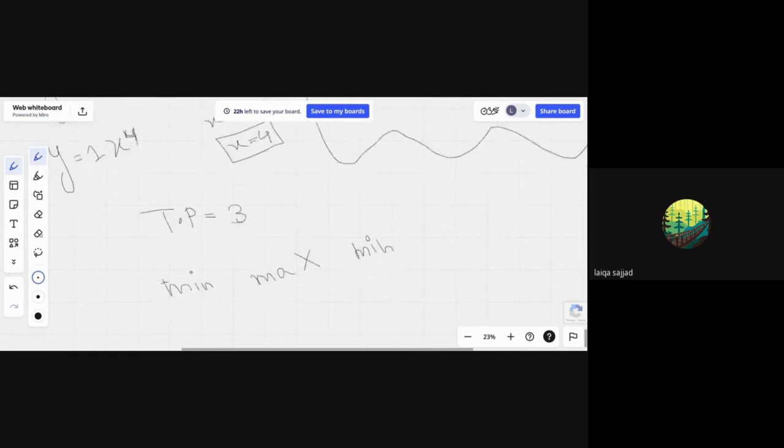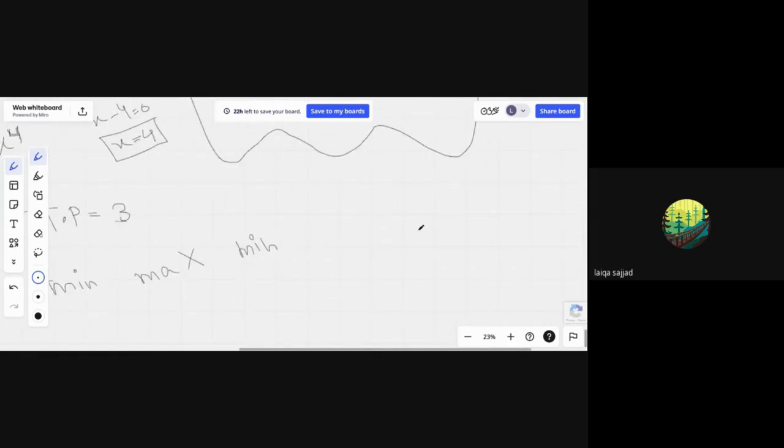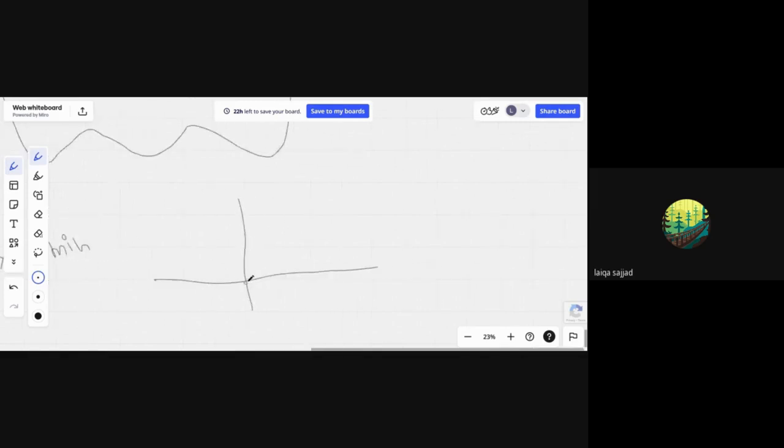So if we try to plot it, like this is 0, this is 4. So we know it would give us a minimum point first. So it would be like this. And again, it would give you a turning point at this point.